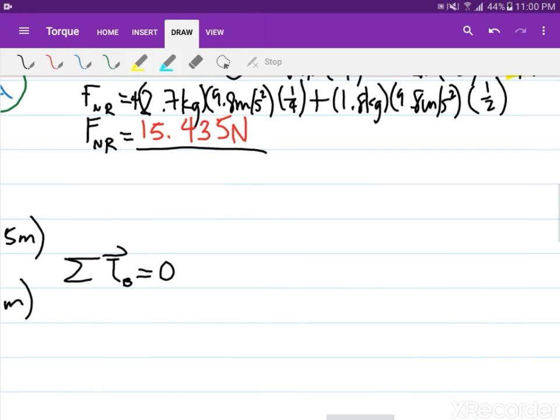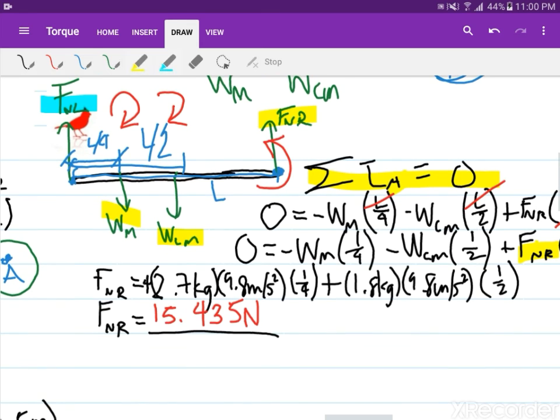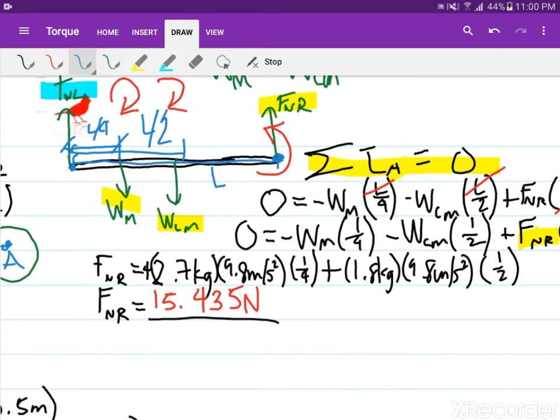So at B we have 0 equals, let's see the torque contributions one by one.